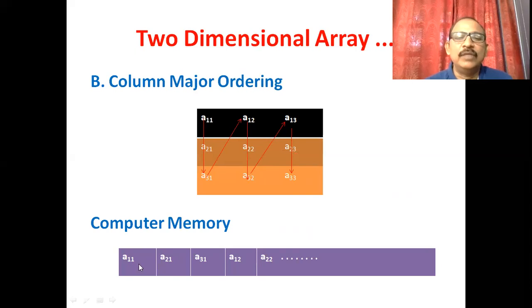Means A11, A21, A31. Next we store A12, A22 and so on. So here you know there are two ways we can store the two-dimensional array into a one-dimensional array or computer memory.